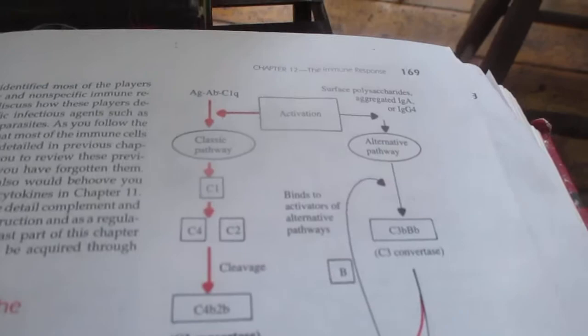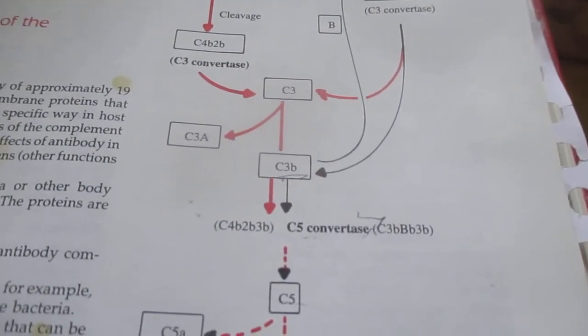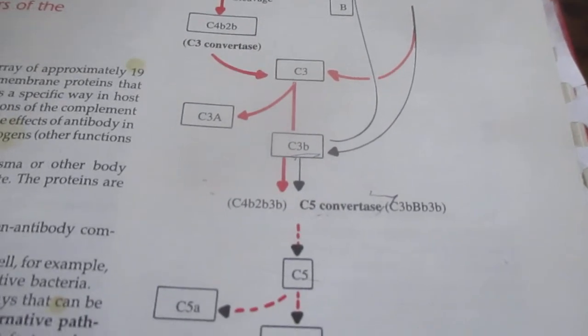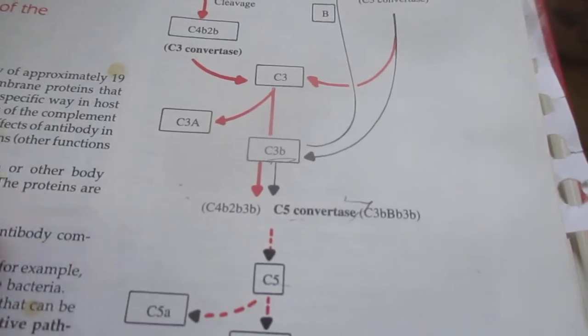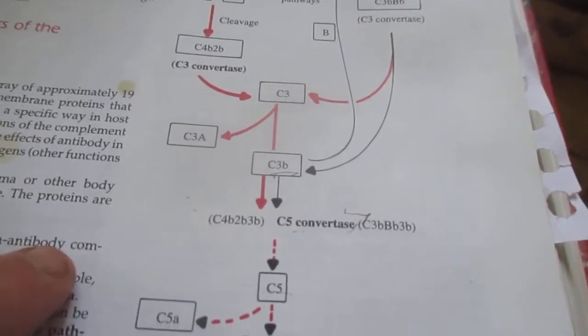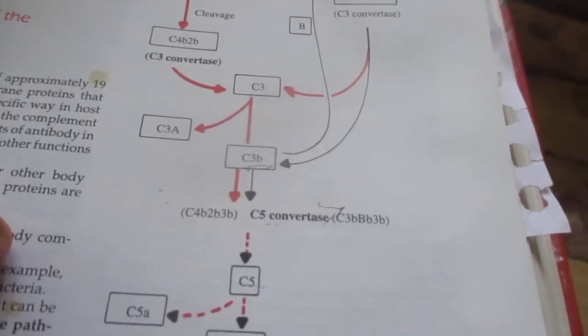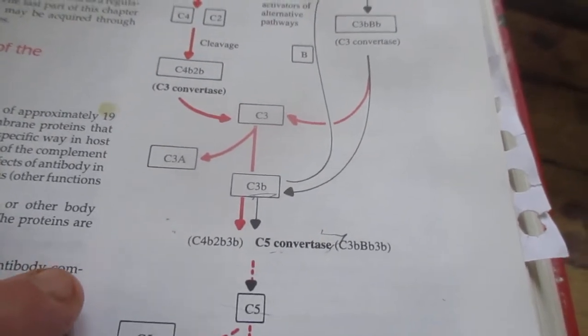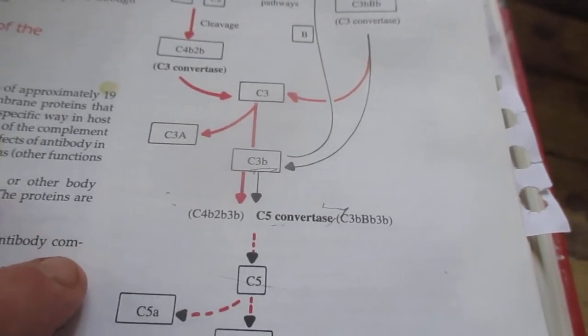Okay, the complement system is an array of approximately 19 plasma proteins and at least 9 membrane proteins that can act in a non-specific as well as specific way in host defense. One of the primary functions of the complement system is to assist the effects of antibody in the activation or destruction of pathogens.